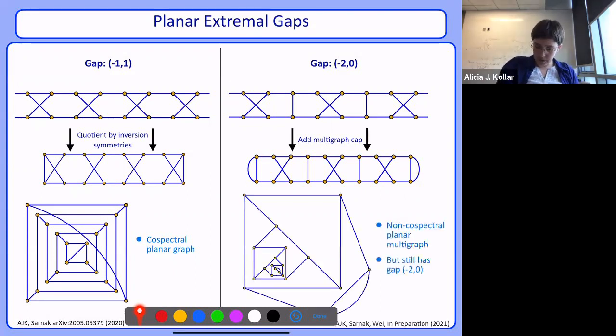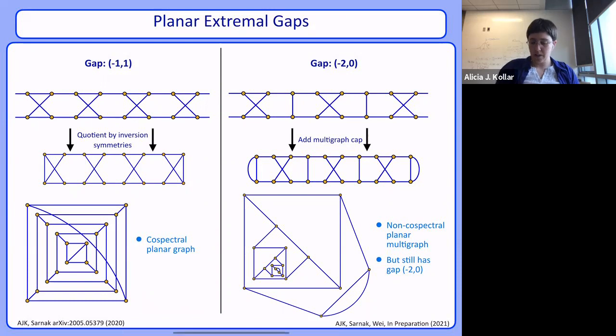And again, this particular graph is planar. Now, the interesting thing about it is it's not quite cospectral with the original. It has a couple extra eigenvalues, but they occur not in this -2,0 gap. They occur in the other gap that happens at higher energy. And so the proof of this is in preparation with Peter Sarnak and Fan Wei.